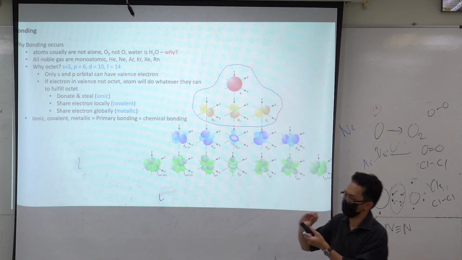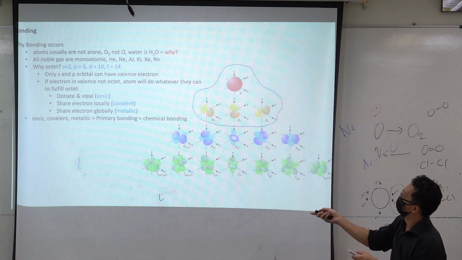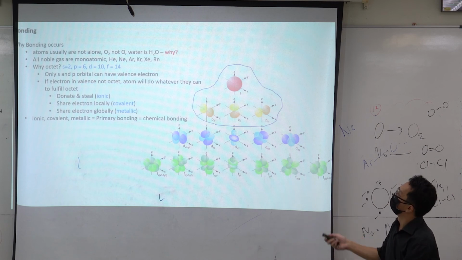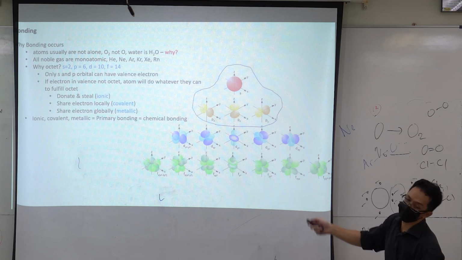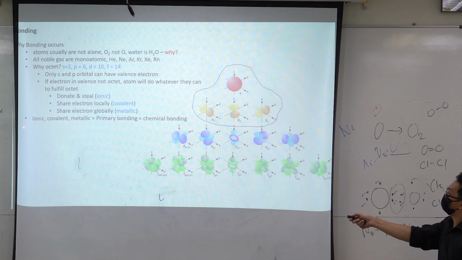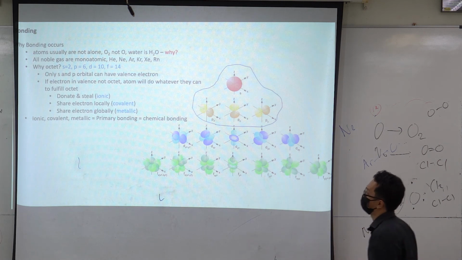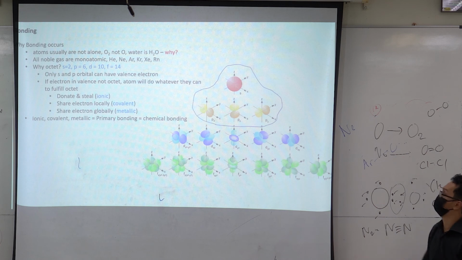This atom donates, meaning some electron will move somewhere physically. Sharing electrons, the electron moves into another orbital. The difference between sharing locally and globally I will discuss in further detail later on. But I want to say that ionic, covalent, metallic are what we call primary bonding, the bonding that happens chemically due to electron transfer or sharing.